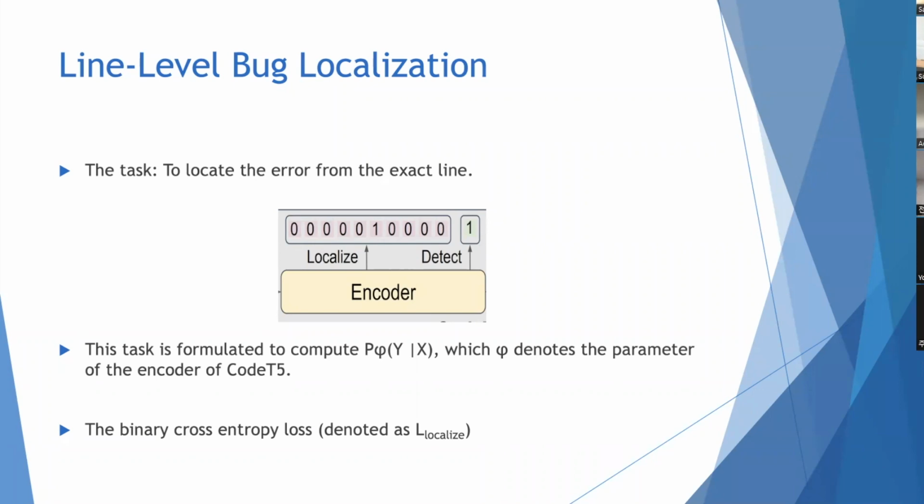So they basically gathered the last layer states of all the SEP tokens, the separate tokens, from the encoder, and they mapped them to a vector of probabilities for each line. Oh, so you mean CodeT5 includes each line separately, not taking the entire code, right? Yes, sir. They are gathering the last layer states of all the SEP tokens from the encoder.